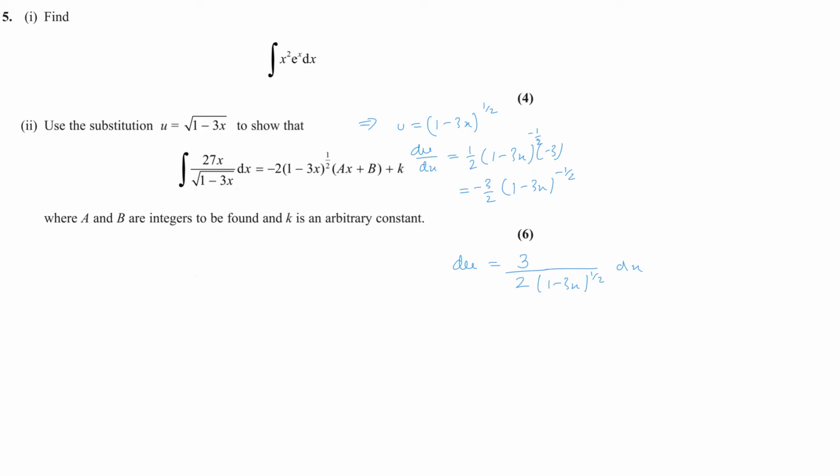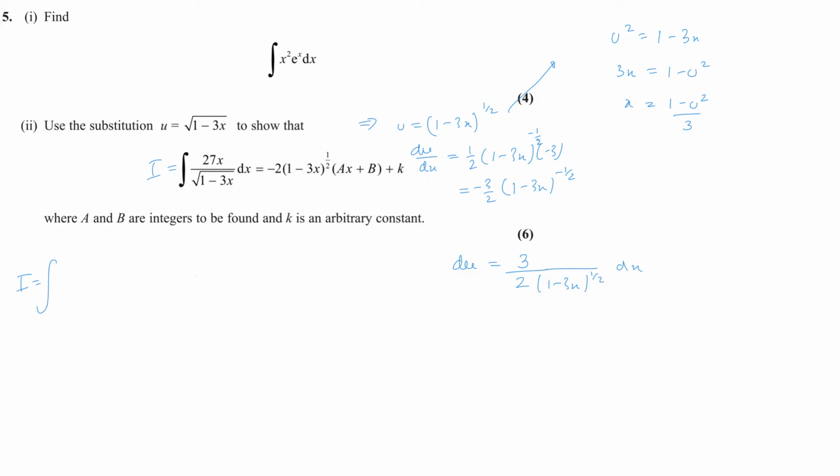Now, from this, we got u squared equals 1 minus 3x. 3x equals 1 minus u squared. X equals 1 minus u squared over 3. So these now we can substitute in. Now I'm going to call this I. So then I can use I down here.